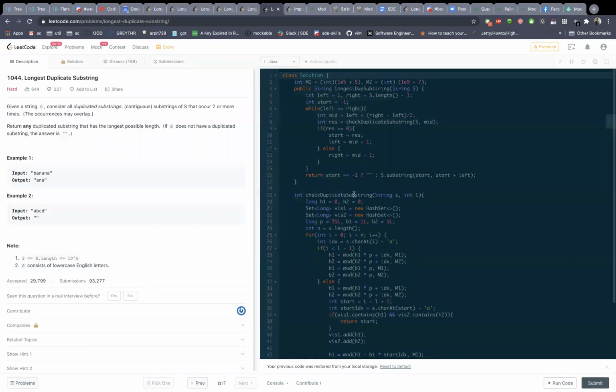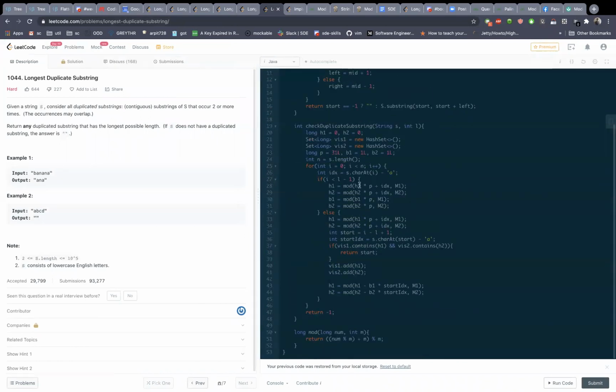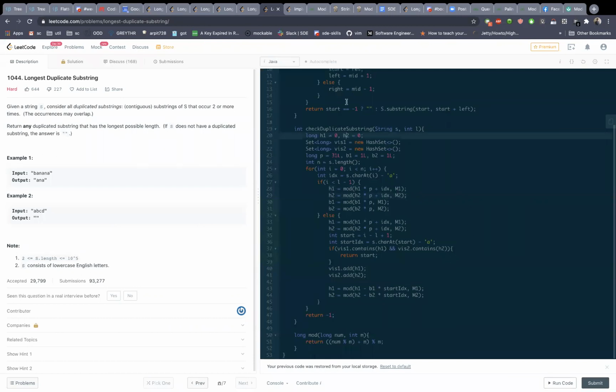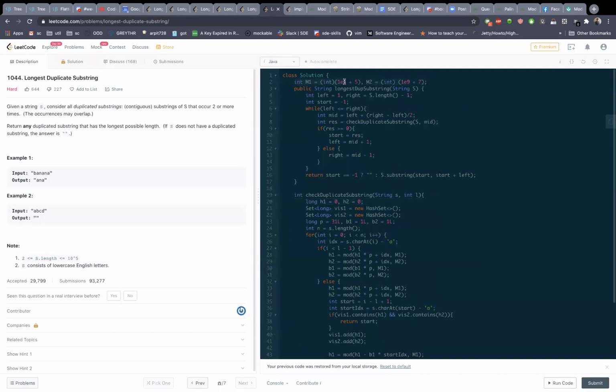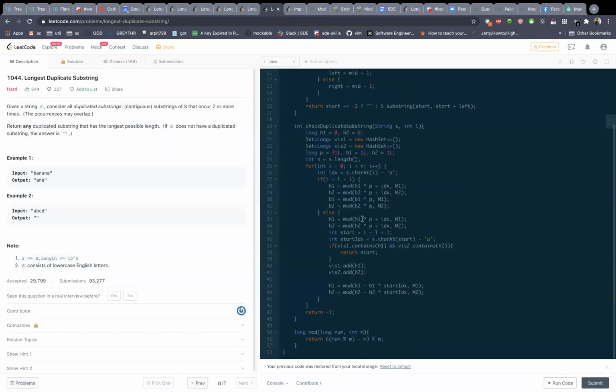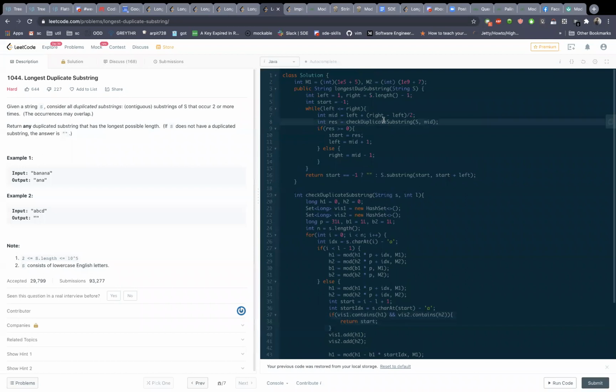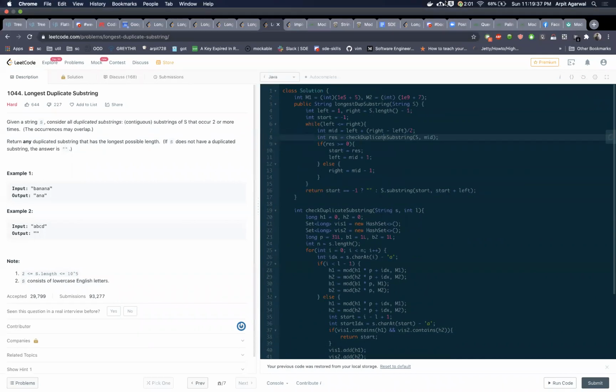In this, if you see, I have used 2 hashes, hash1 and hash2, and these 2 different modulos I have taken. At the time of comparison, I check whether set1 contains h1 and set2 contains h2. That's interesting.